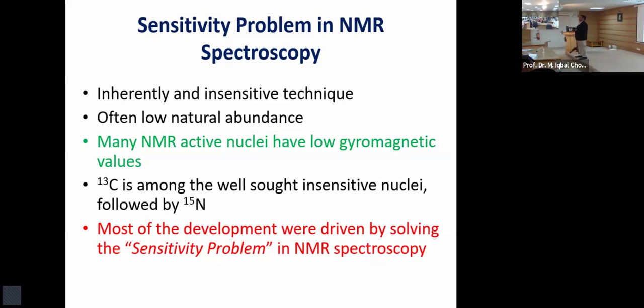Fourth, sample concentration. You see, okay, Amina, you can dissolve 1 kg of your sample in 0.5 ml? No, there is always a limitation. Even if you have 1 kg of pure compound, there's no use for you.